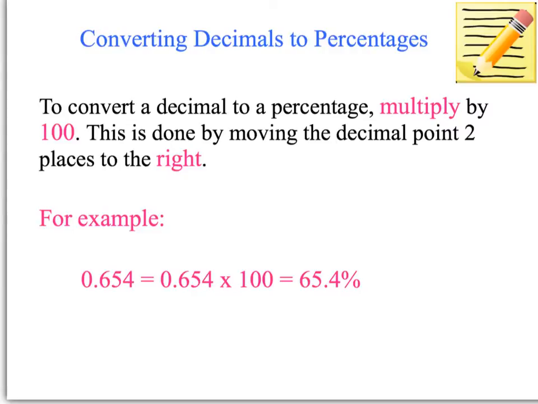For example, 0.654 equals 0.654 times 100, 1, 2, and that makes it 65.4%. So we're using all the things that we've learnt so far in the other topics to help us understand this more clearly.